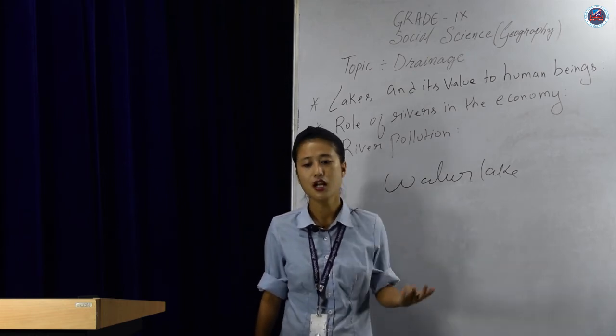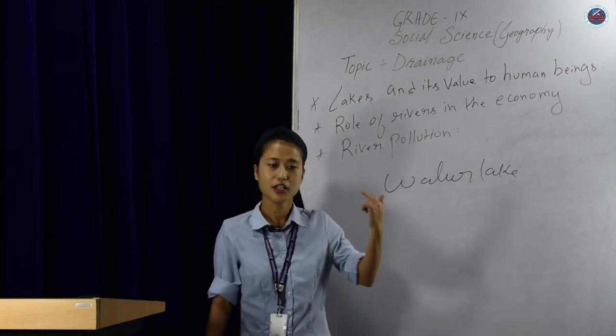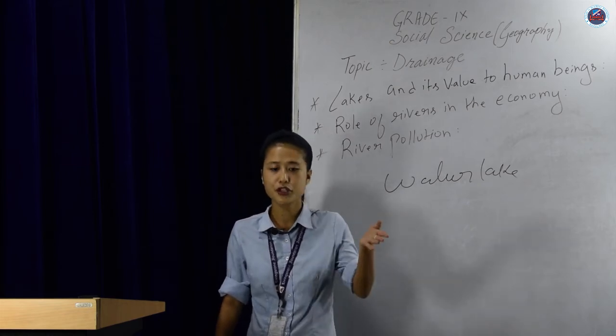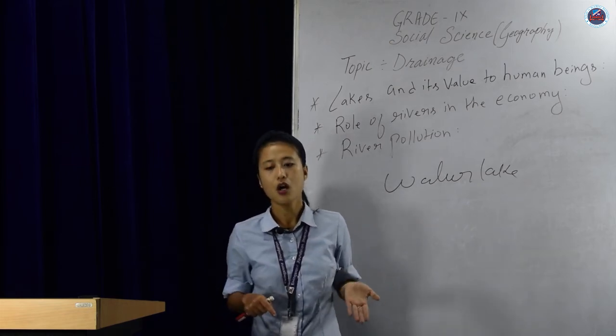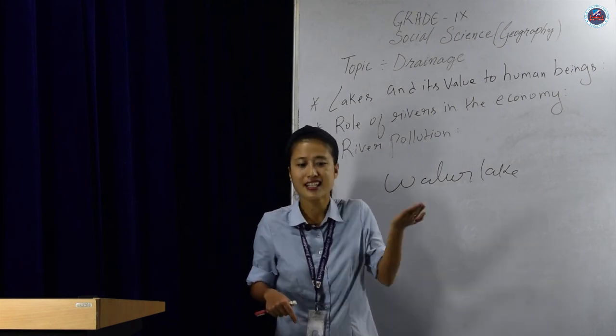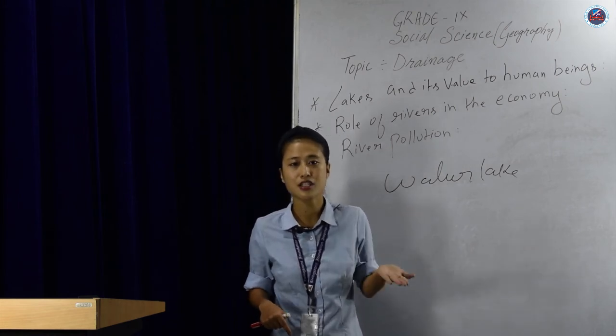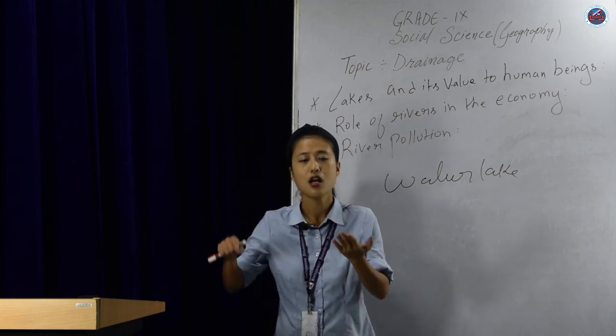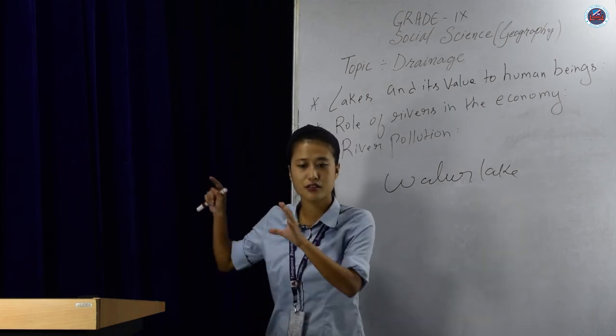As a result, more and more water is being drained out of the river, reducing its volume. On the other hand, a heavy load of untreated sewage and industrial effluents is emptied into the river. All that waste is being dumped into the rivers.